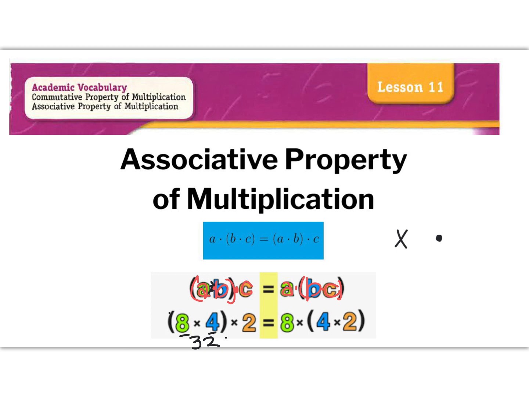And then you do 32 times 2, which is 64. So let's see if we get the same thing over here. We have to do parentheses first. So 4 times 2 is 8. And then 8 times 8. Well, we just did that in our last lesson with 8s, 64. So 64 equals 64. It's the same thing. It doesn't matter where the parentheses are if you move them around. That's called the associative property of multiplication.